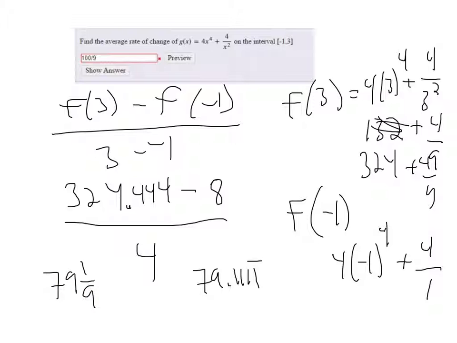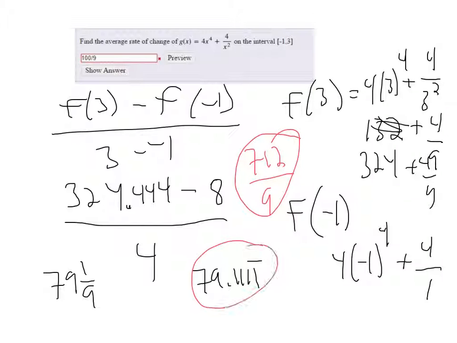So 79 times 9 plus 1, I'm getting 712. I'll write this in a different color ink. 712 over 9. It might like this, or it might take the mixed number. You'll have to play with that and see.